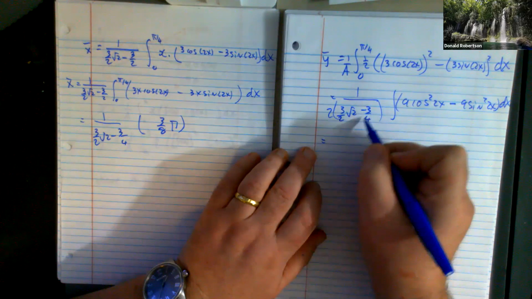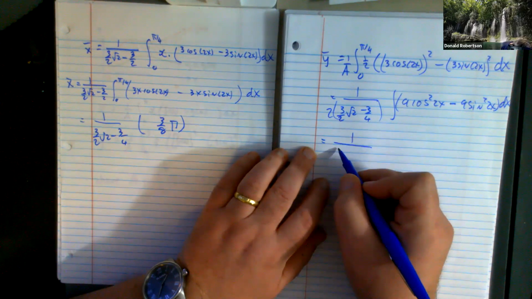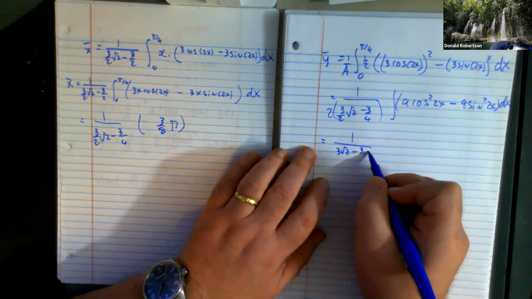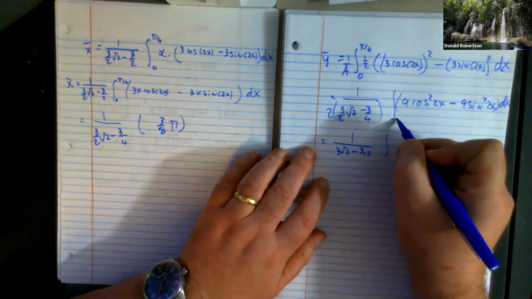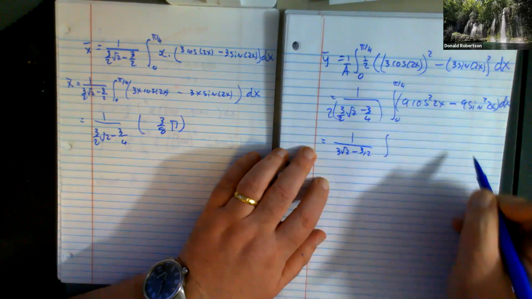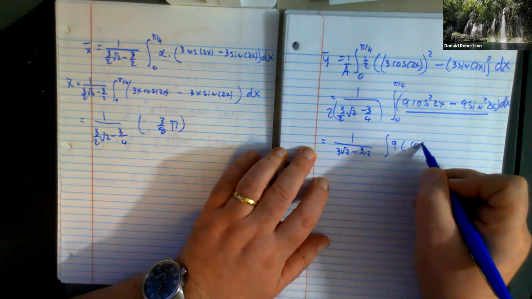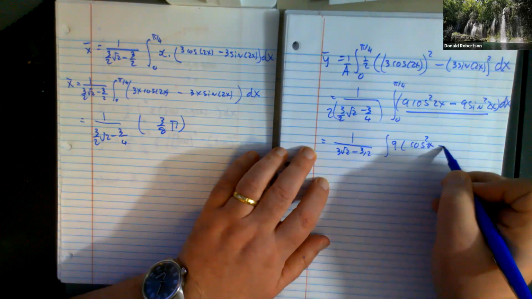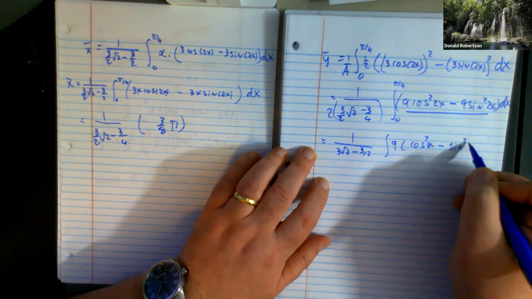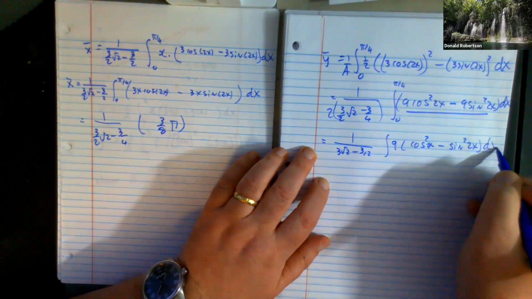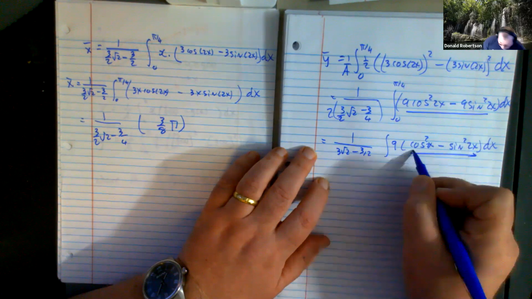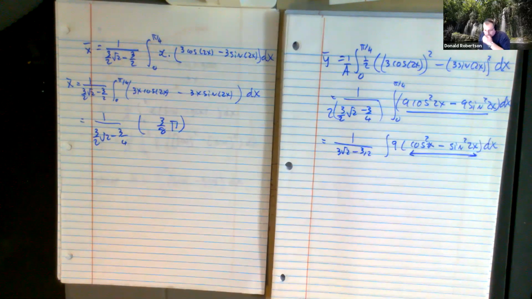This ugly guy is a little bit nicer. Okay. If you pull out 9 as a common factor, you get this fella. Cos squared take away sine squared. It's a trig identity and it's not equal to 1. If it was plus, it would be, but it's not.